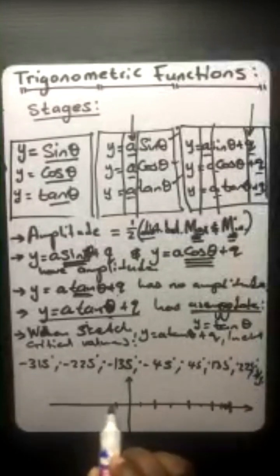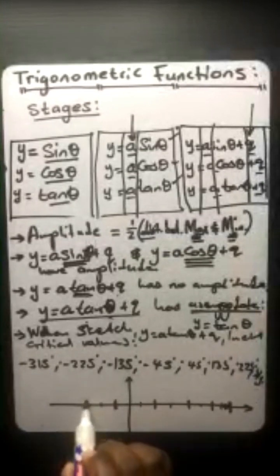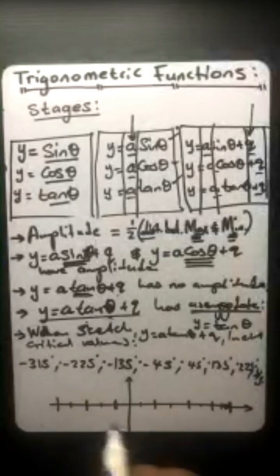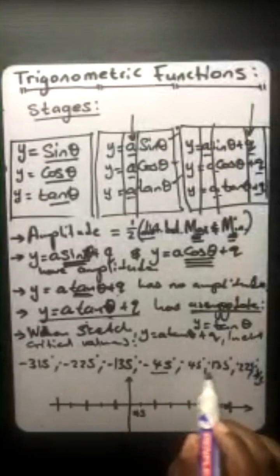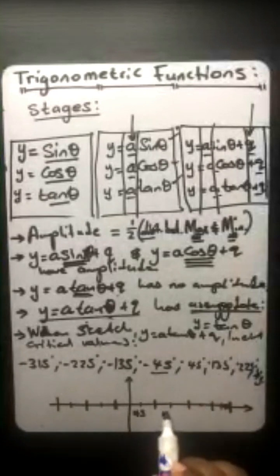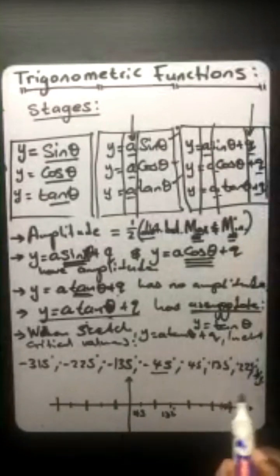The same thing on this side. So these are what we call the critical values: 45, 90, 135.